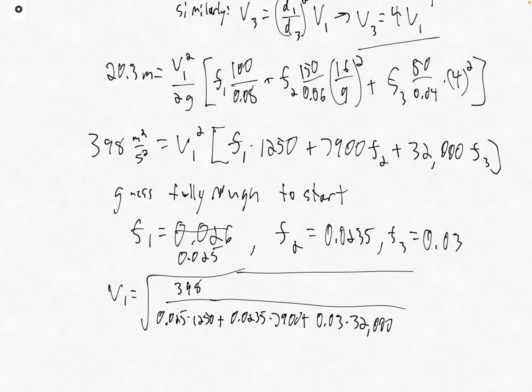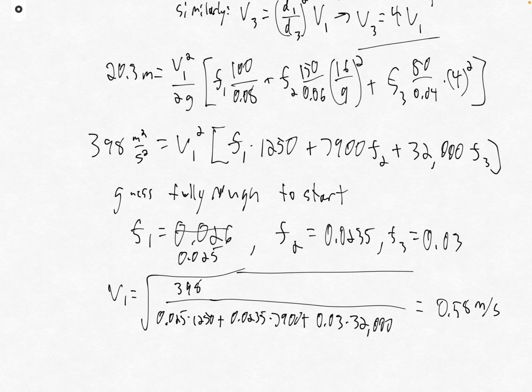If we plug that in, we have 398 divided by 0.025 times 50 plus 0.0235 times 7,900 plus 0.03 times 32,000. And we're going to get V1 equal to 0.58 meters per second.